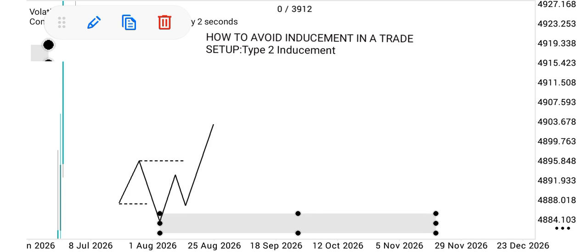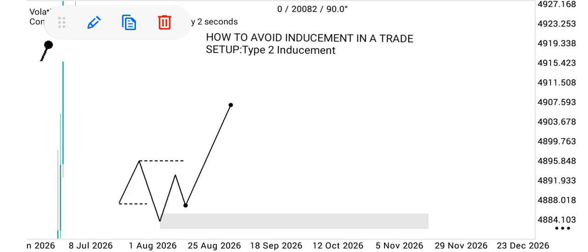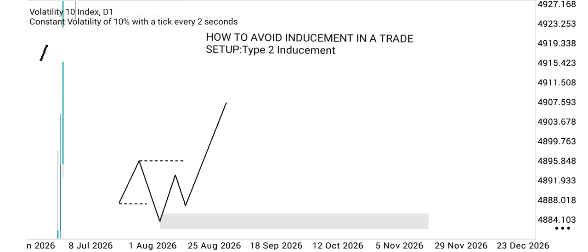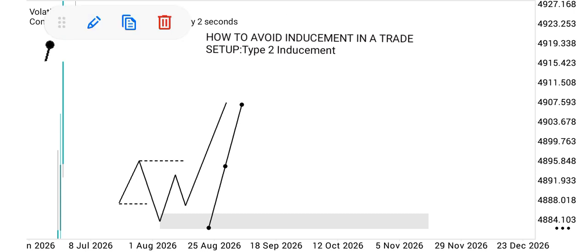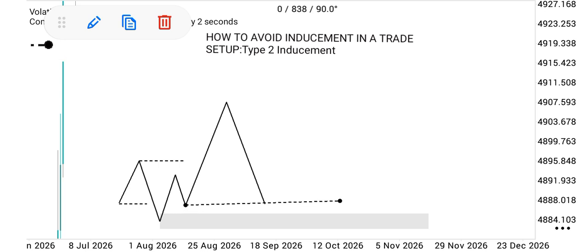Then we have the market do something like this, and comes a point of inducement. Let me mark my inducement first. Okay, so this is our inducement zone. What is my type? This is my type 2 inducement.